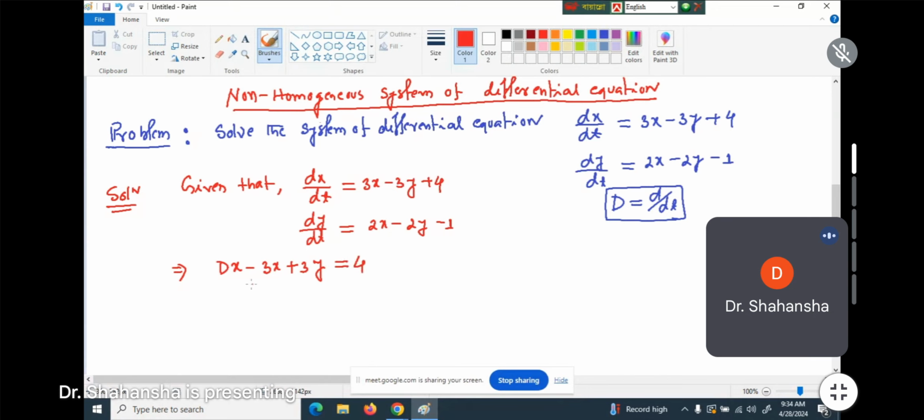And the second equation we can write Dy minus 2x plus 2y equals minus 1. This is equation number 1, and this is equation number 2. I believe all of my friends are clear now.